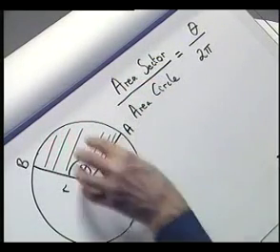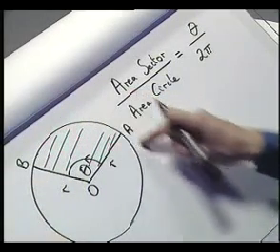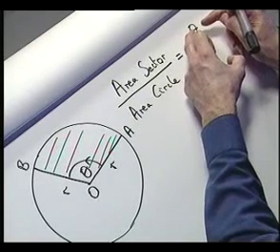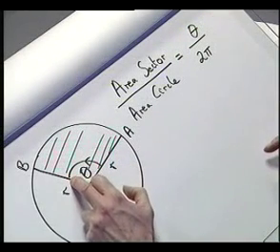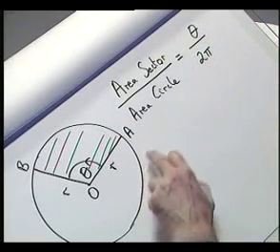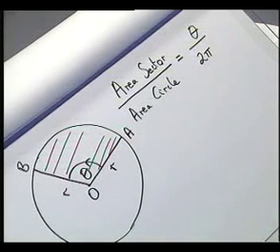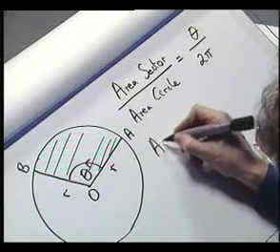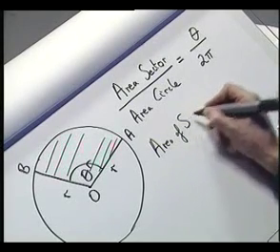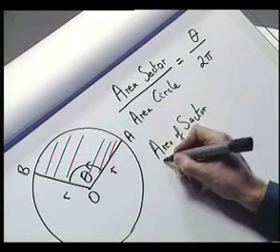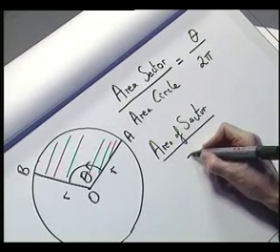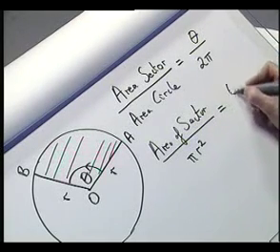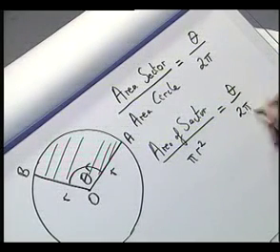So the area of the sector, considered as a fraction of the whole circle, must be in the same ratio as the angle, considered as a fraction of the whole angle all the way round in radians. Well, we can work this out. Area of the sector, and we have a formula for the area of the circle. We know that's pi r squared equals theta over 2 pi.